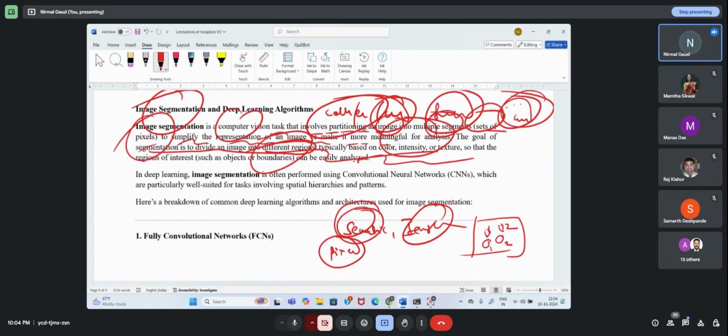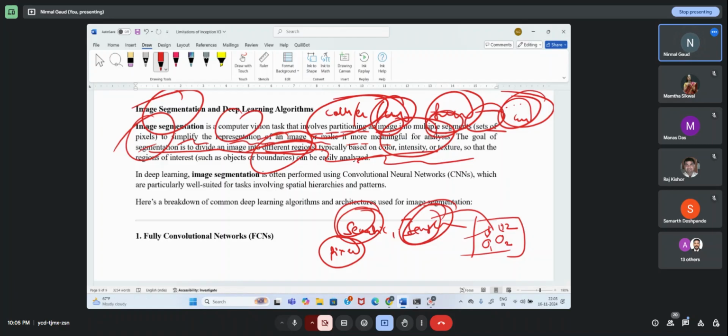It will not further understand that this is apple 1, this is apple 2. But this thing happens in instance segmentation, meaning it will segment the objects too: apple 1, apple 2, banana 1, banana 2. So just collection of the pixels, dividing the images into segments. That's what we do in case of segmentation.